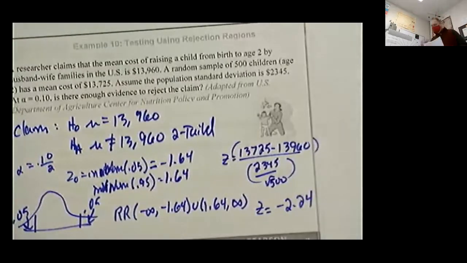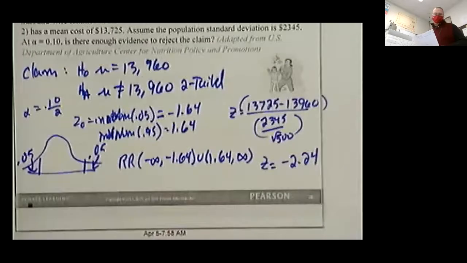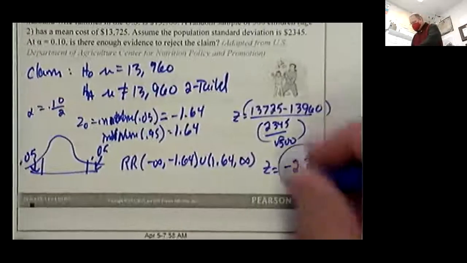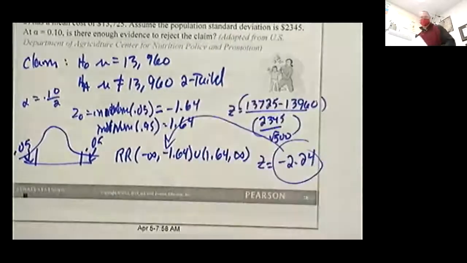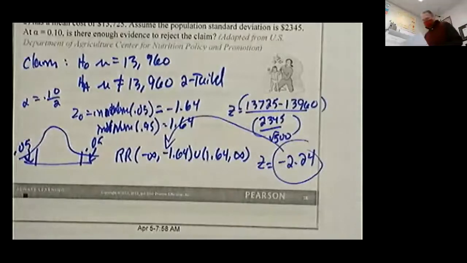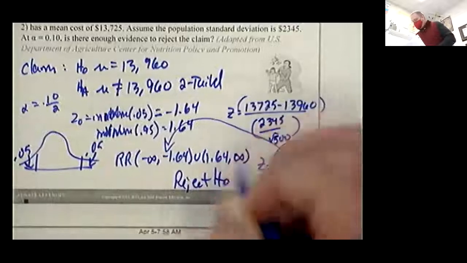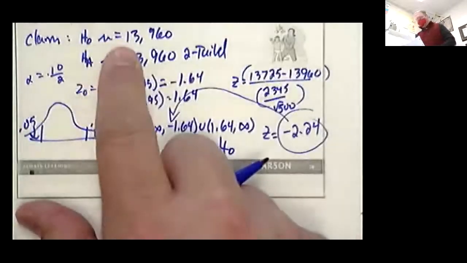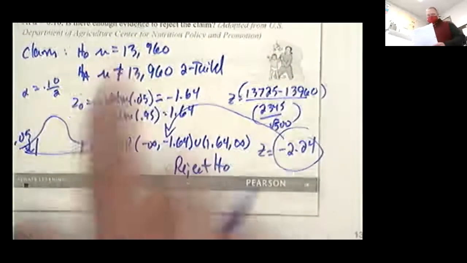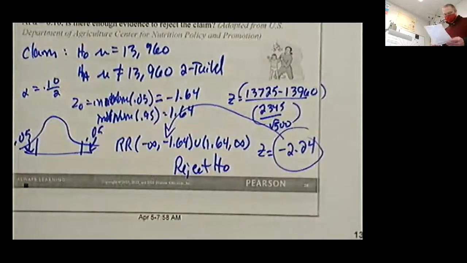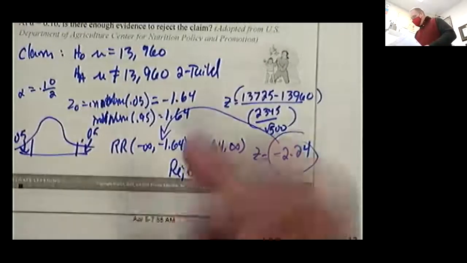Does that fit in one of our rejection regions? Yes, it does, because it is smaller than negative 1.64. So we're going to reject the null. Because our claim was the null hypothesis, we're going to use the words reject or fail to reject. Here we rejected the null.